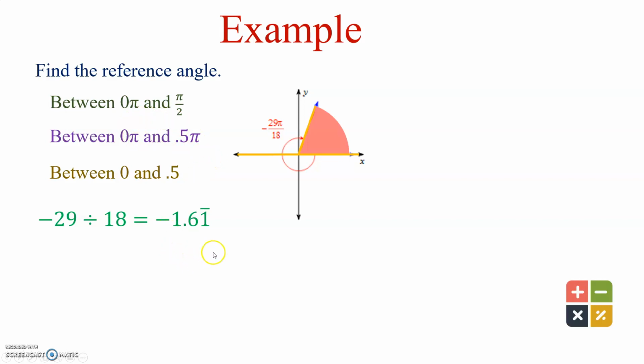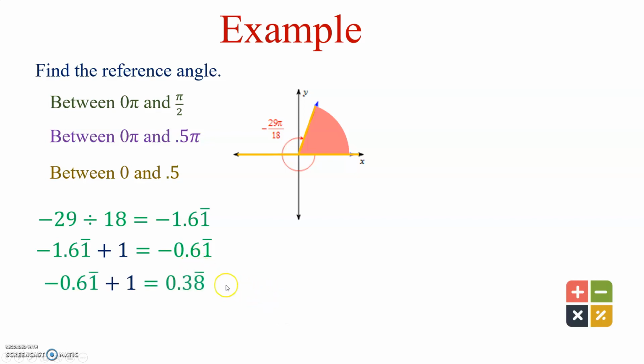My goal is to get a number between 0 and 0.5. So I add 1, almost there. Add 1 again, there we are. There's a number between 0 and 0.5. Now I simply tell the calculator to convert that to a fraction, 7 over 18, which means our answer is 7 pi over 18.